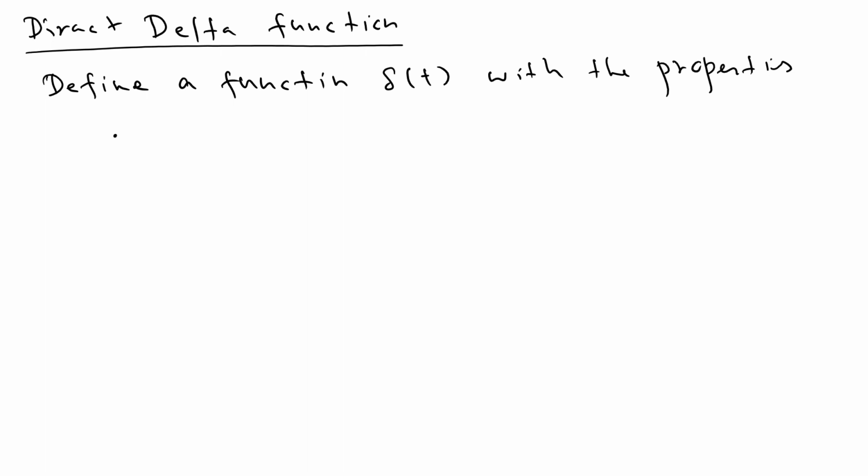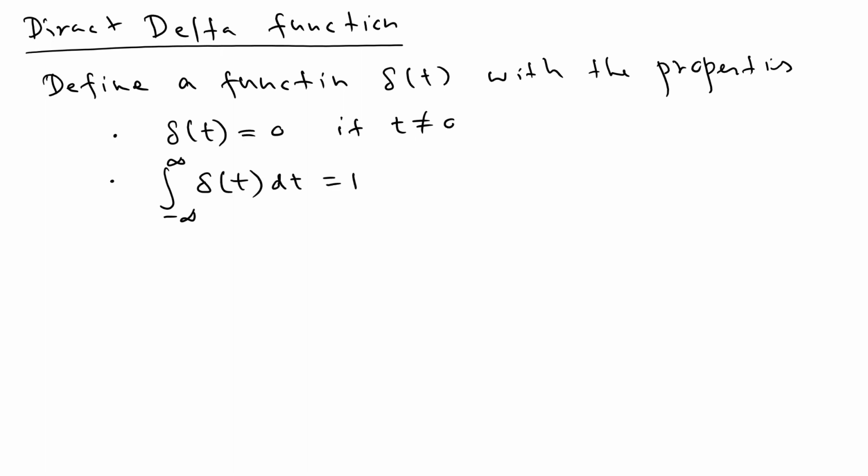There are two properties. The first property is that we can say delta t is equal to 0 if t is not equal to 0. That's the first property. The second property is if you integrate this function, you get 1.